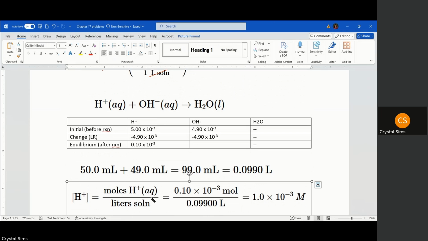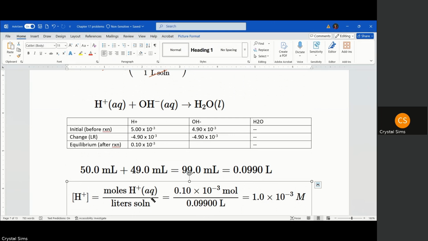So we're going to get our amount of hydrogen ion after our reaction. That's going to go on top. And then our new amount of the solution after combining the two is going to go on the bottom. And so we divide and we end up with 1.0 times 10 to the negative 3.